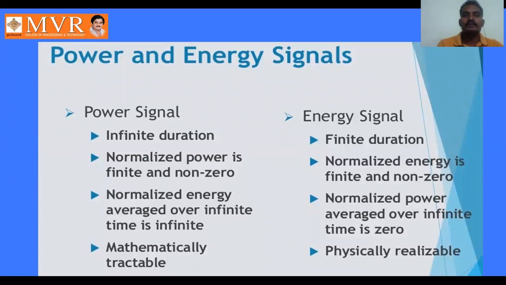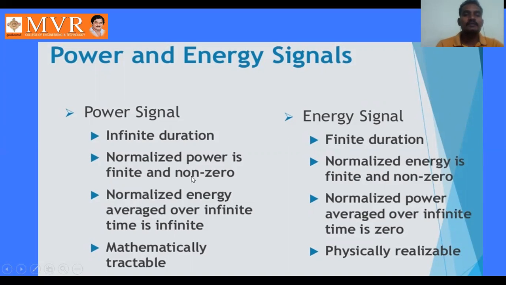Next, power and energy signals. What is a power signal and what is an energy signal? Here, a power signal consists of infinite duration, whereas an energy signal consists of finite duration.